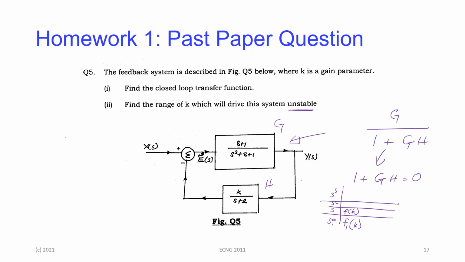For each of these values you do exactly what we did before, and then you combine all of the results to say when the system is stable, and therefore the conjugate of that will be when the system is unstable.